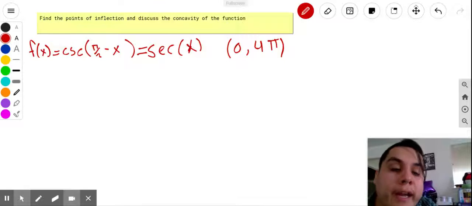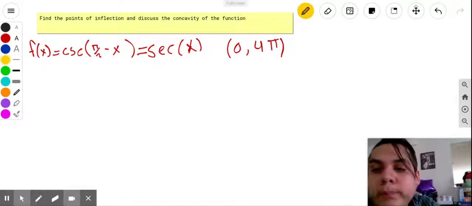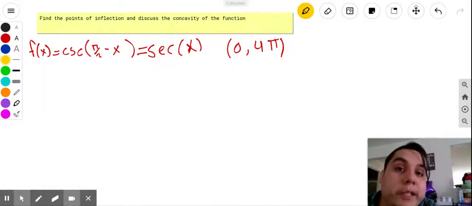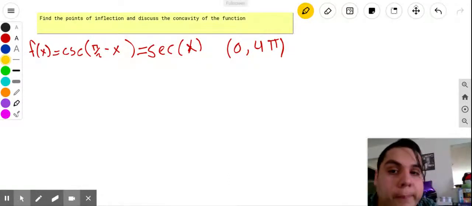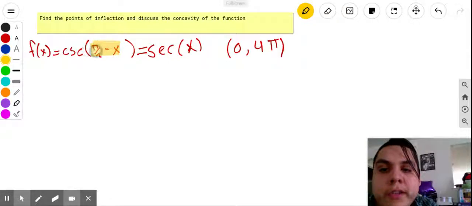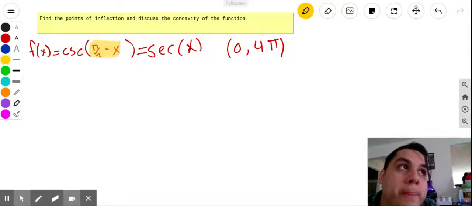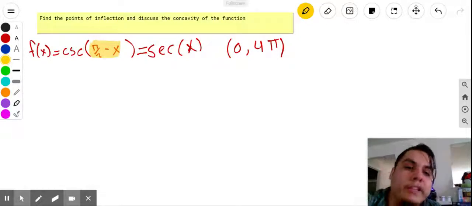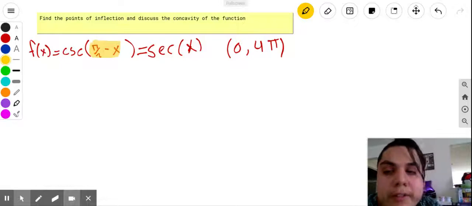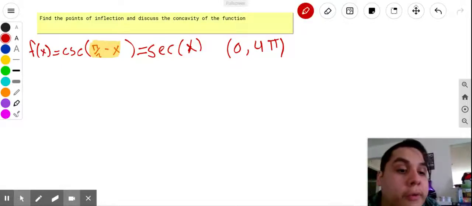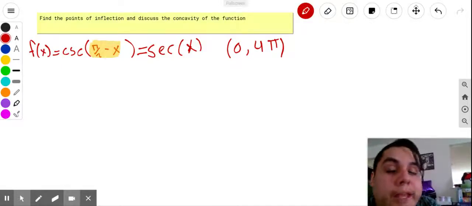And let me tell you what I saw to help me pick up on that. It helps that I'm teaching trig, so I know to look out for it. But honestly, it was the pi divided by 2 minus x. That's like a complementary thing because, if you think about what the triangle looks like, I just saw the pi over 2 minus x, to be honest. So I Googled it, and that's what I found, so I'm going to roll with that.